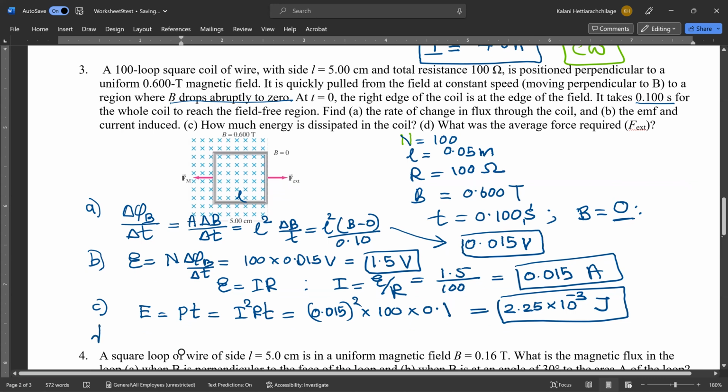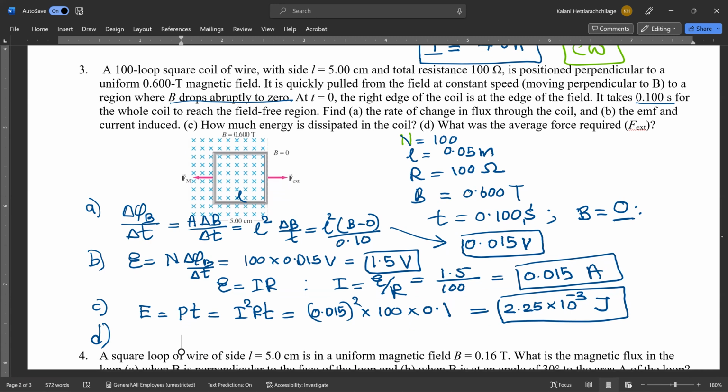And my last part, D. What was the average force required to pull this? All right, so now the average force you can calculate by using two different methods. One is after you calculate the work done or the energy, we know that work done or energy equals force times distance, right?